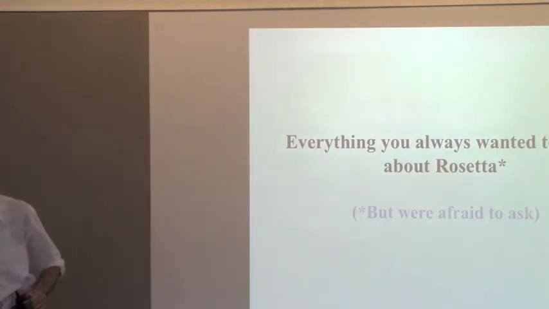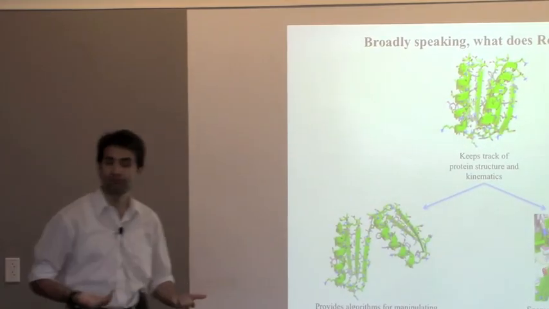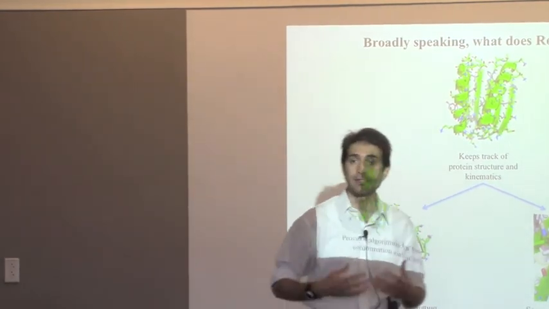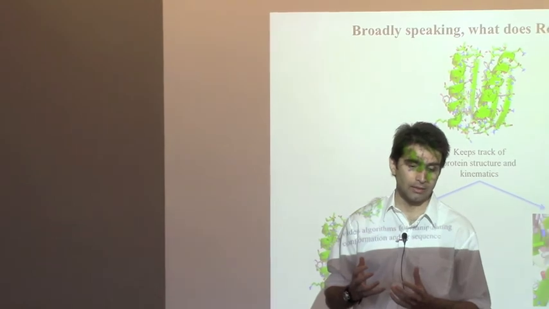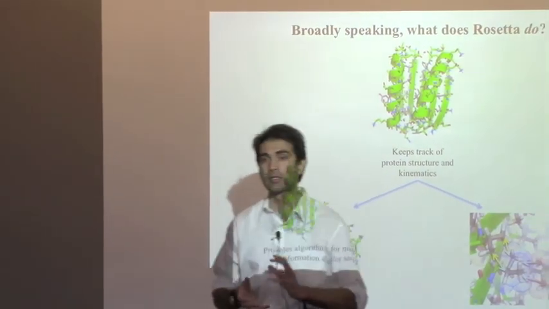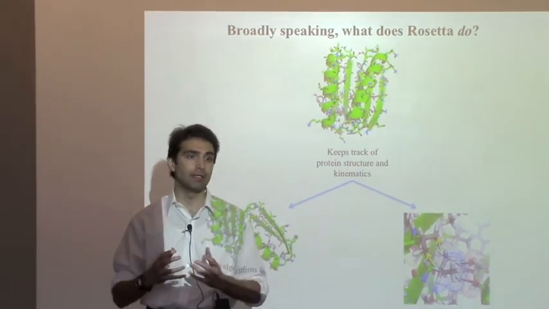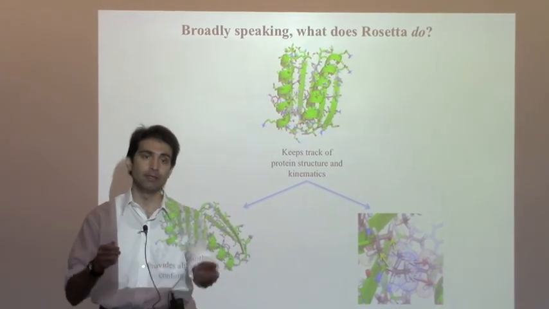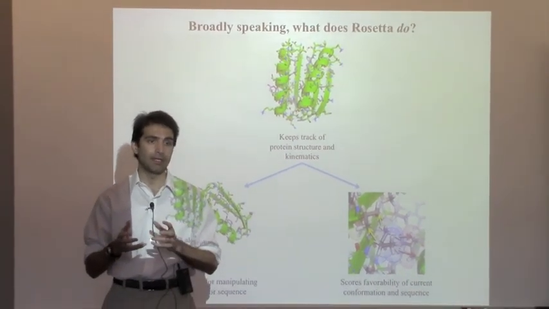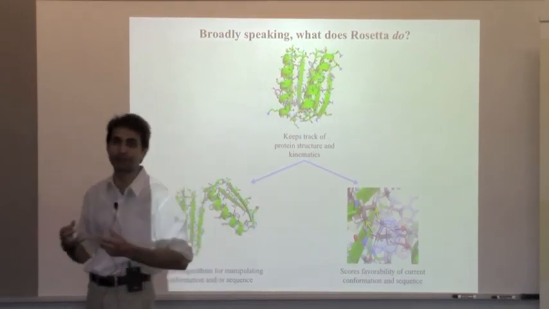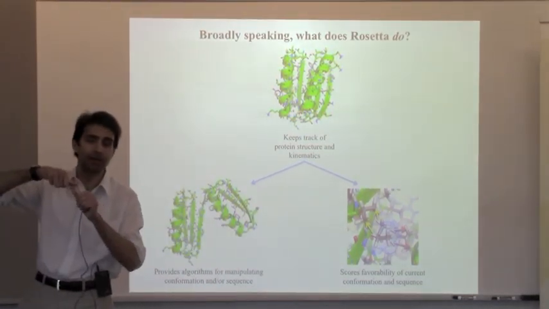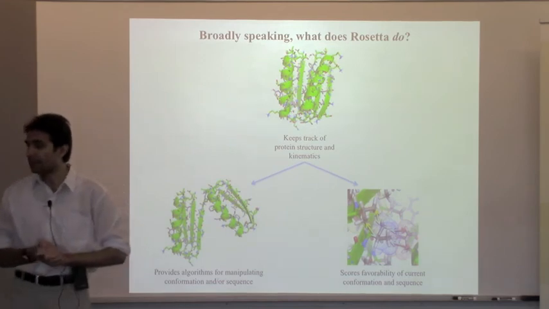So, getting right into it. Broadly speaking, what does Rosetta do? At its core, Rosetta is a bunch of algorithms and infrastructure for keeping track of protein structures or any heteropolymer, just chains of residues, their kinematic relationships and that sort of thing.